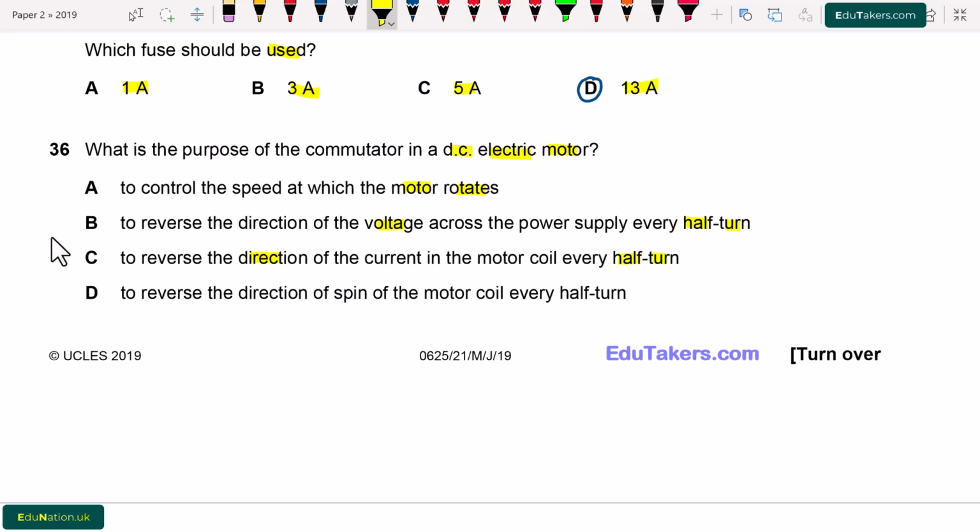D. To reverse the direction of the spin of the motor coil every half turn. So option C is correct, which shows that the function of the commutator is to reverse the direction of the current in the motor coil every half turn. So I circle option C.